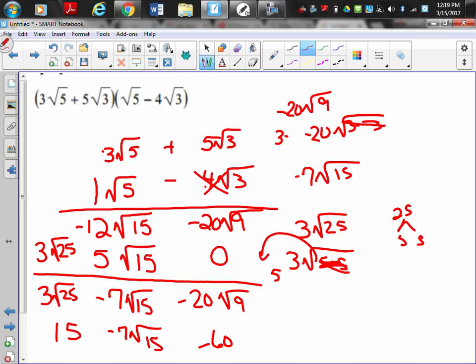Now, do I have any pieces I can still put together? The 15 and the negative 60. So 15 plus negative 60 is negative 45, minus 7 square roots of 15.